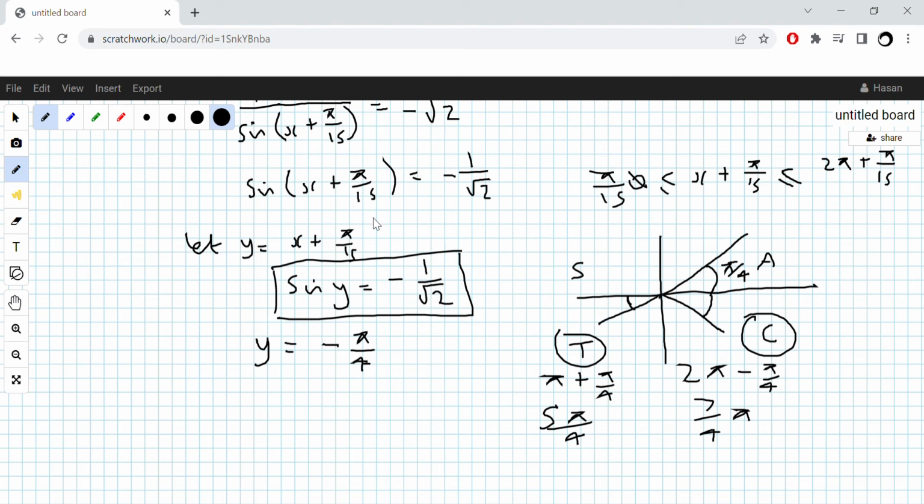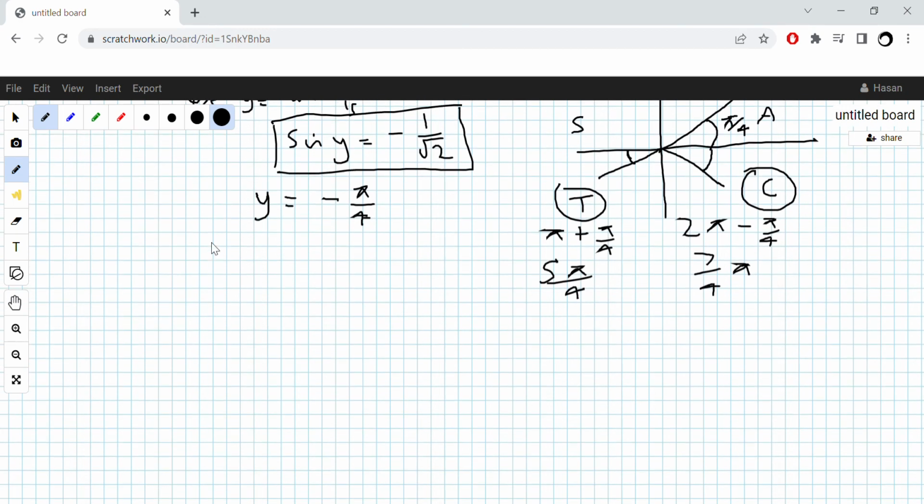We can't find any more values because then they would exceed our intervals. So right now we're left with y equals to 5 over 4 pi and 7 over 4 pi. We can't get any negative values because that is not in our interval either.